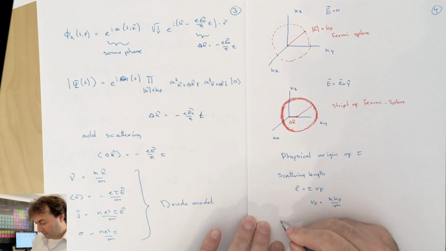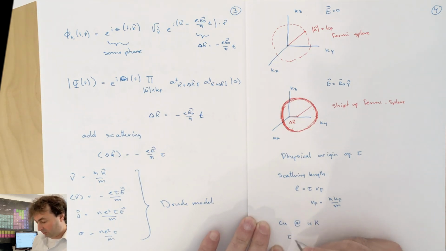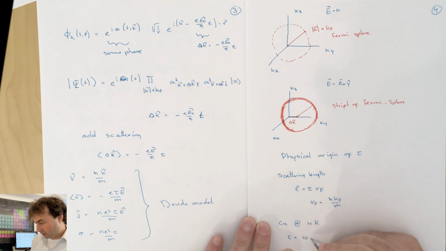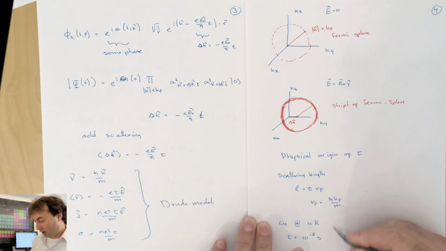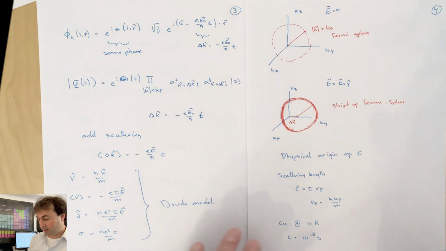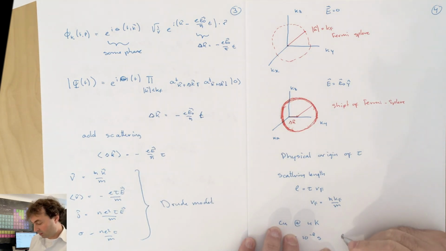If you look at copper at 4 Kelvin, then the scattering time, which you can measure with conductivity and Hall effect measurements, is something like 10 to the minus 8 seconds. If you then put in the Fermi velocity, which you can calculate because you know the electron density in your system, and you know your Brillouin zone size, you know the atom distances, you get that the scattering length is about 1 centimeter.